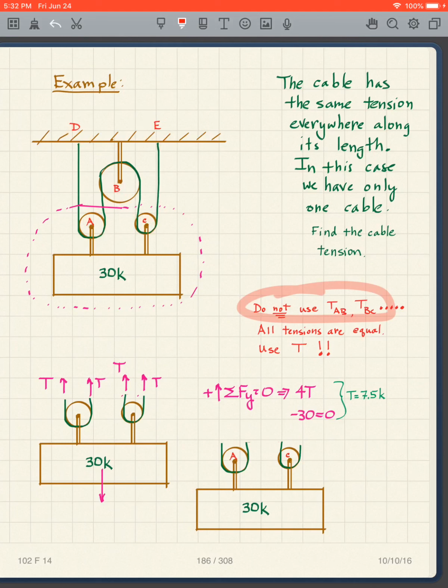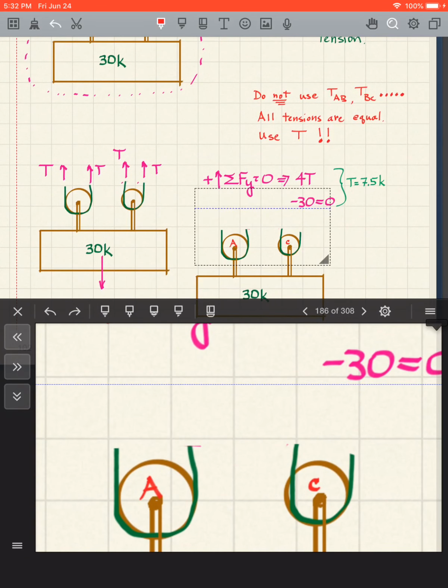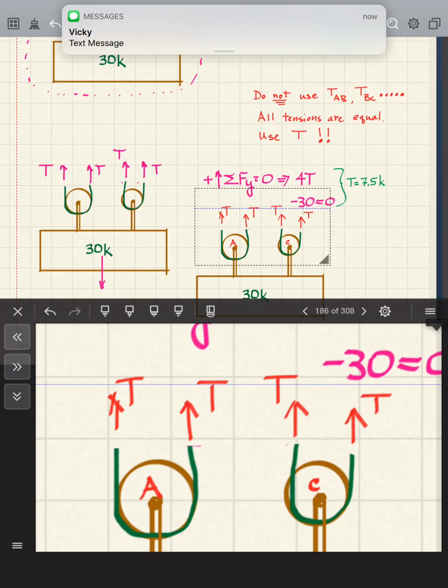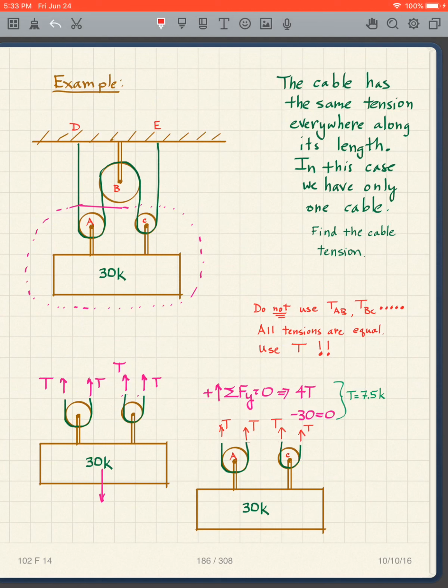Then I just use T. So I would end up with T, T, T, T, and that gives me the free body diagram to work with.